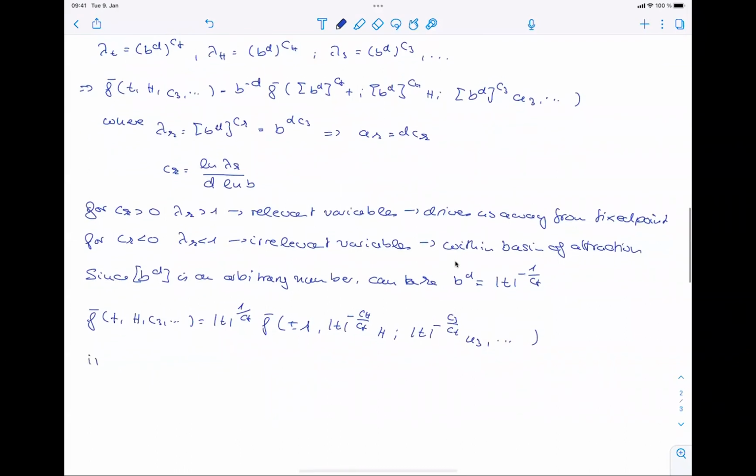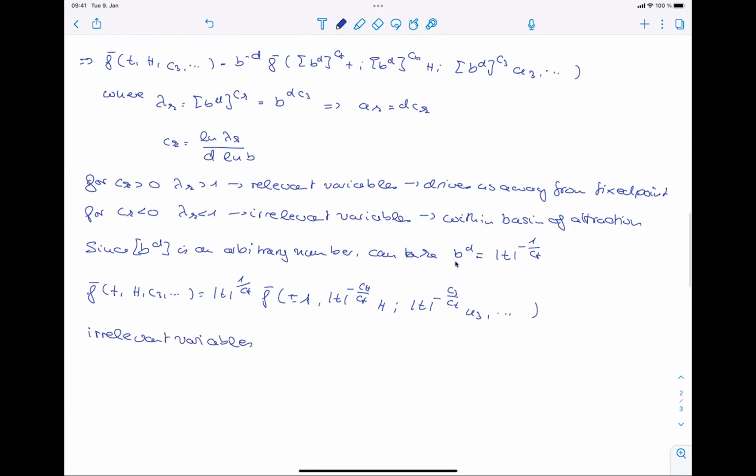Now, for the irrelevant variables, we see that c3 over ct is smaller than 0, which yields that t to the minus c3 over ct will actually decay to 0 as we approach criticality, which is sending the reduced temperature t to 0.